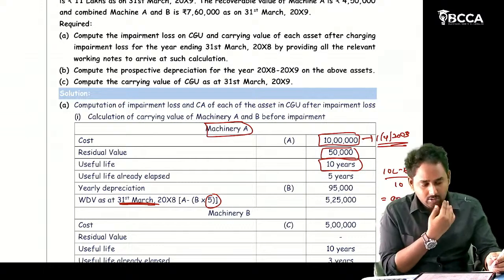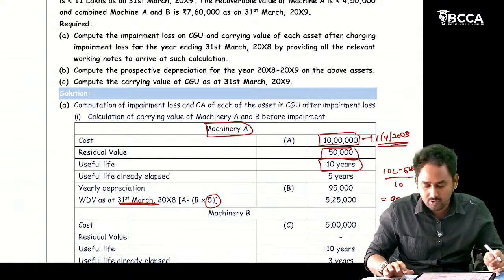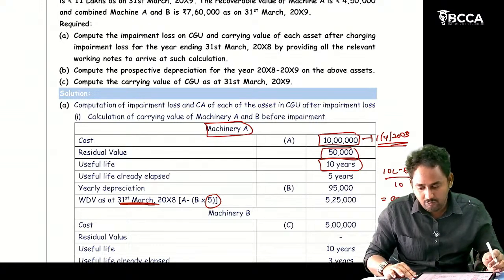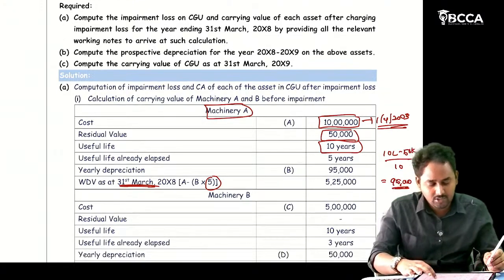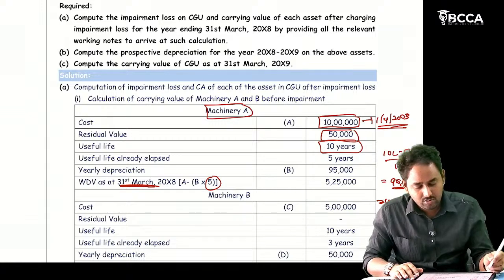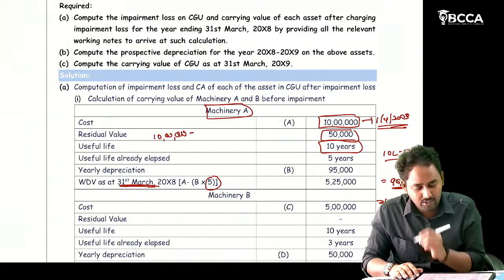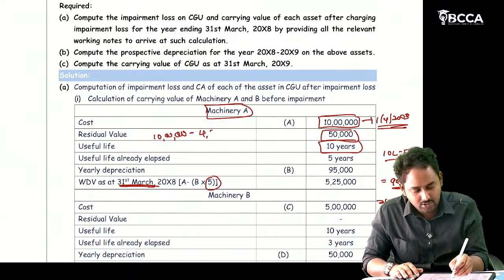So I need the total depreciation for 5 years. 95,000 into 5. So it is 4,75,000. What is the total depreciation? 4,75,000. So what is the total cost? 10 lakh minus the total depreciation, 4,75,000.